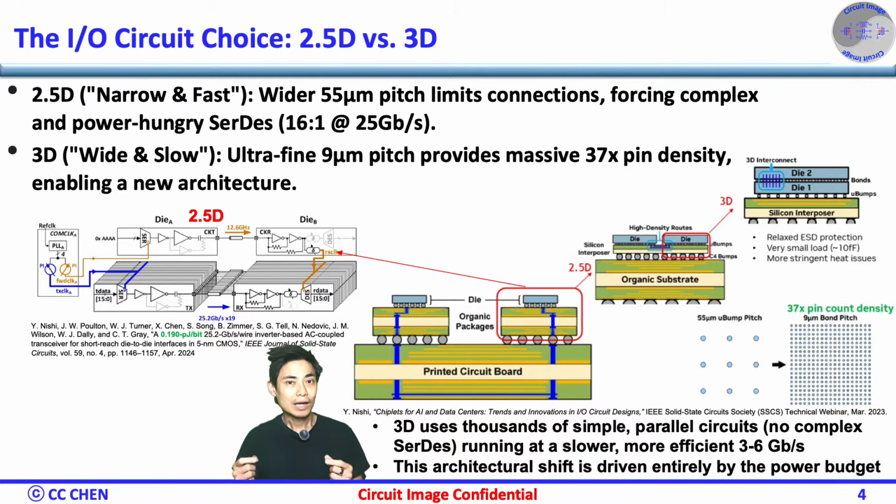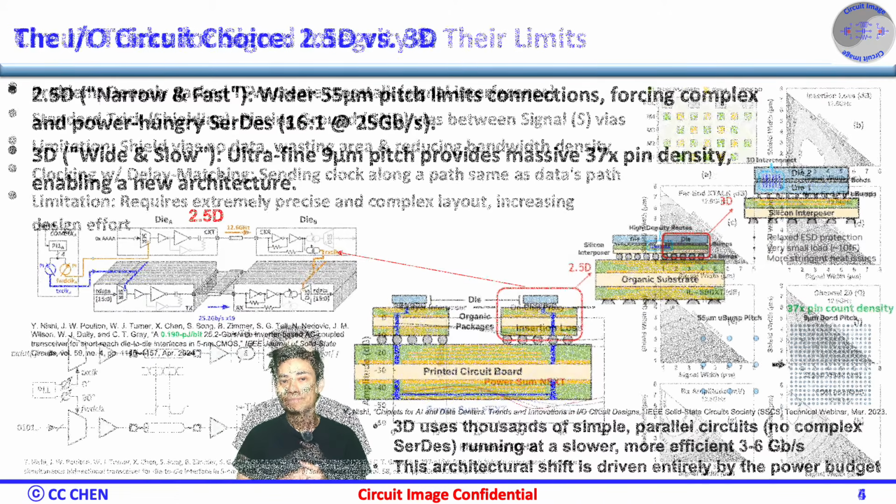Try to fix IR drop by adding more or wider power TSVs and you increase Joule heating, which raises temperature and further accelerates EM, degrading the very PDN you are trying to protect in a vicious feedback loop.